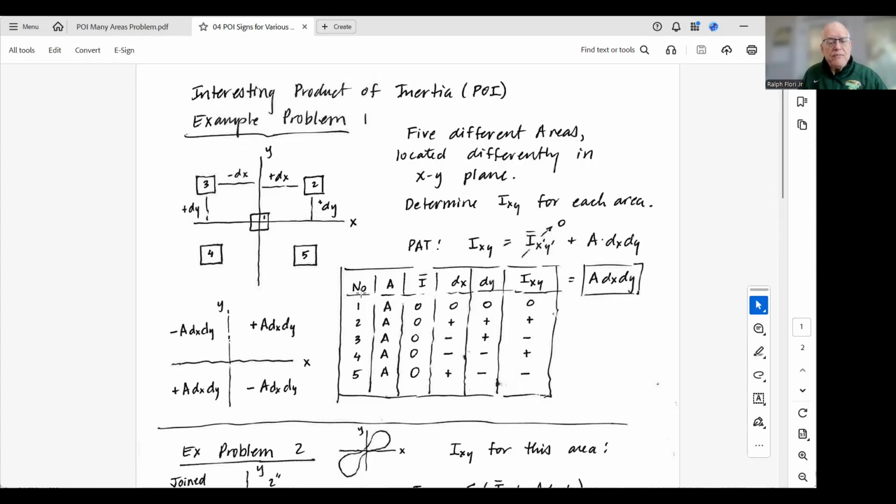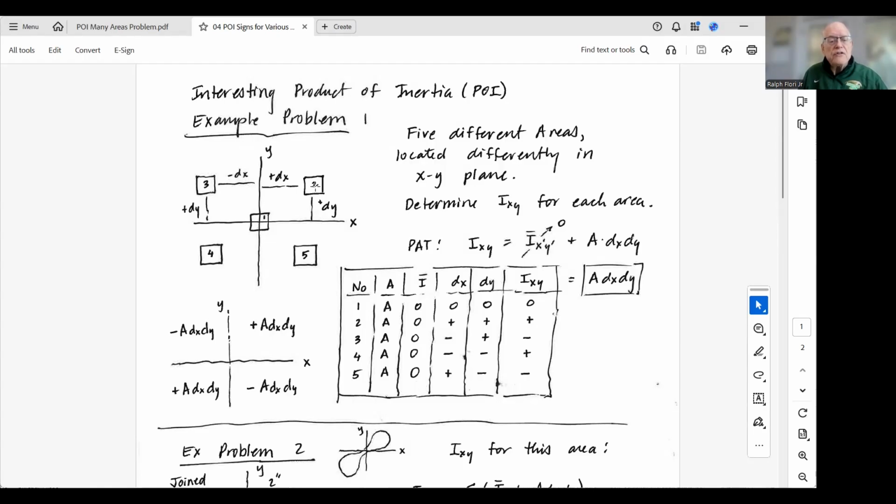So if you build a table for these 5 different areas, they all have the same area A. All of their I bars are 0. The dx and dy's take on different signs depending on the quadrants. For area 1, dx and dy are 0.